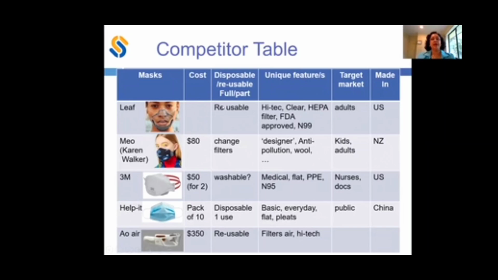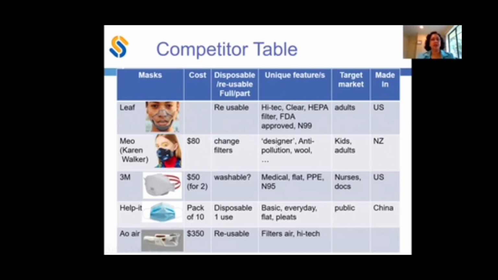You then have some features about the product, whether they're reusable or they have changing filters or they're washable or disposable. And then what are the unique features? Are there some features that are quite unique so that you can see if you want to have that in your new product or not?